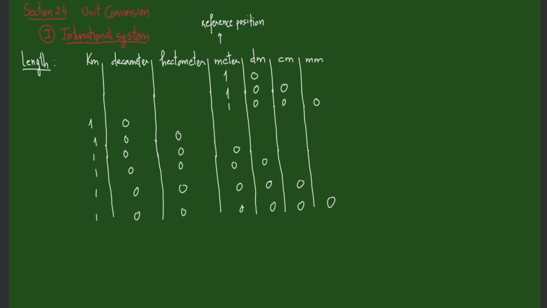And for weight, it's kind of the same thing. For weight, we have kilogram, hectogram, decagram. Oh, I think I messed up over here. This is deca, and this is hecto.